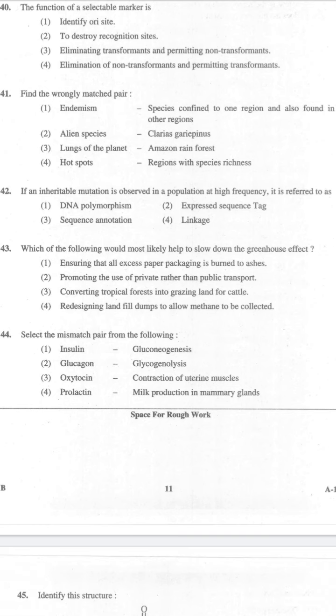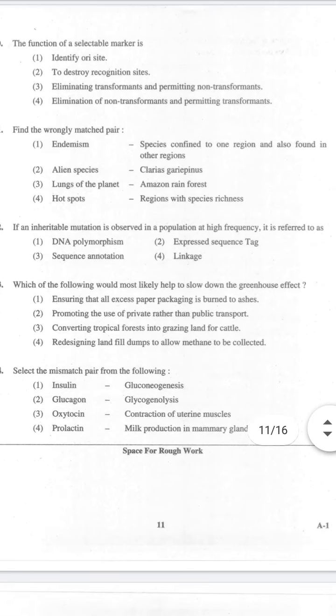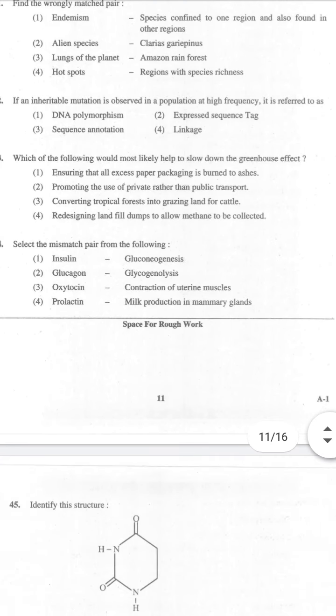Question number 43. Which of the following would most likely help to slow down the greenhouse effect? Let's see the 4 options, students. First one, ensuring that all excess paper packing is burned to ashes.